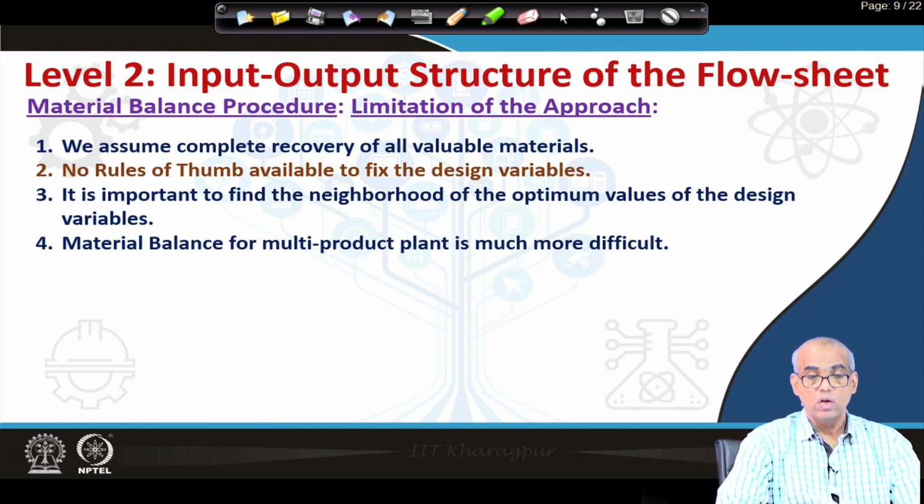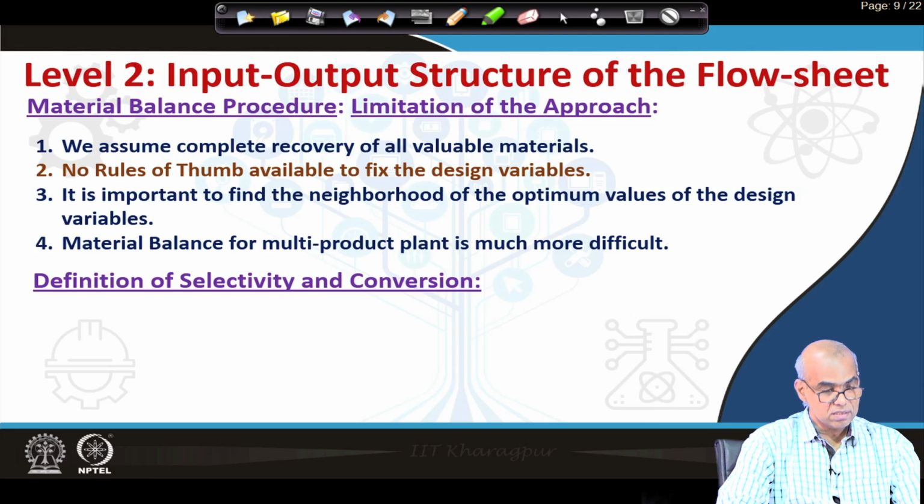No rules of thumb are available to fix the design variables. It is important to find the neighborhood of the optimum values of the design variables. When your process has several products, the material balance for such a multi-product plant becomes much more difficult.